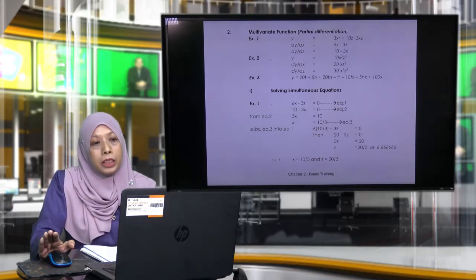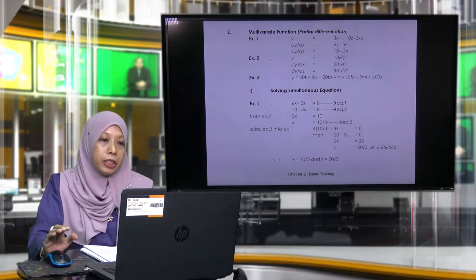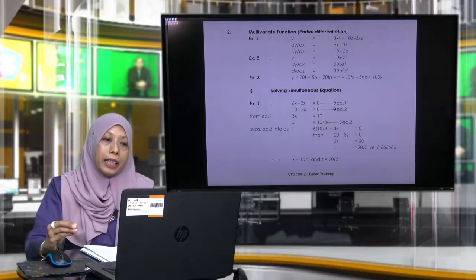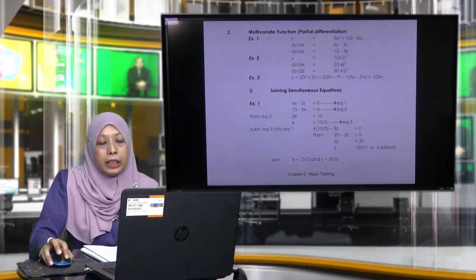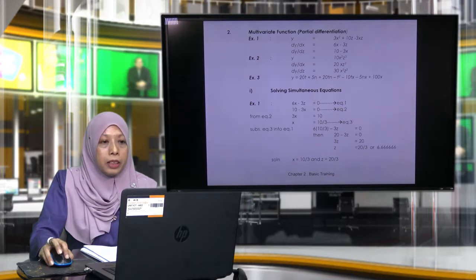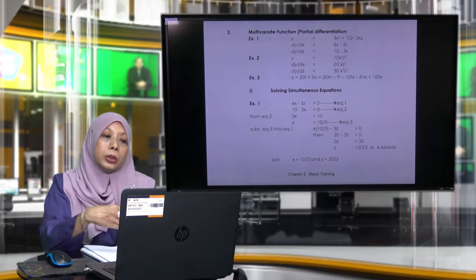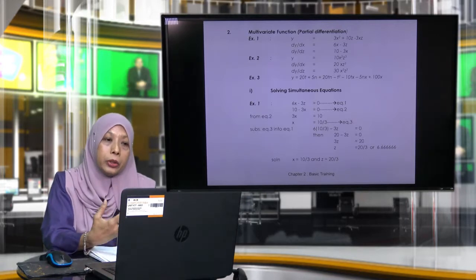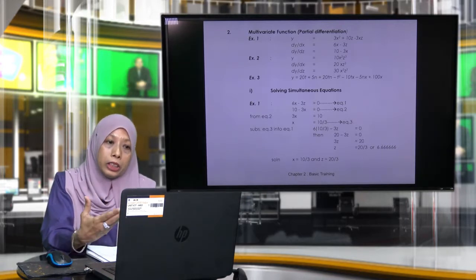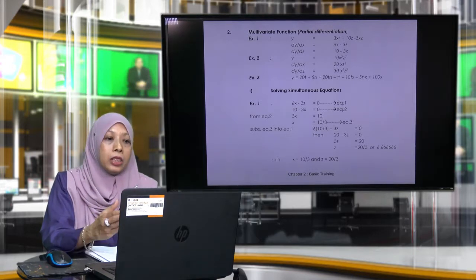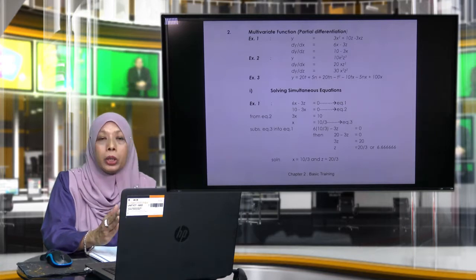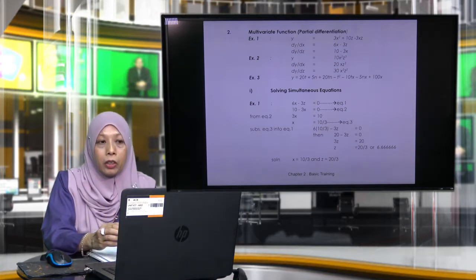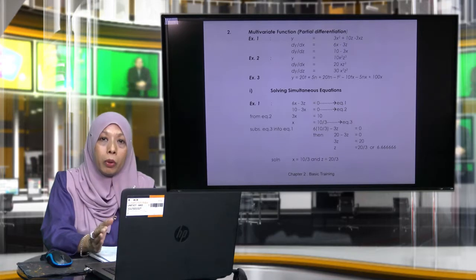Partial differentiation requires you to differentiate the function with respect to each of the independent variables that you have. Again, if you look at the first example, since we have two independent variables, x and z, you need to differentiate with respect to each of them. Let's say you want to differentiate with respect to x, in other words, you want to find dy dx.